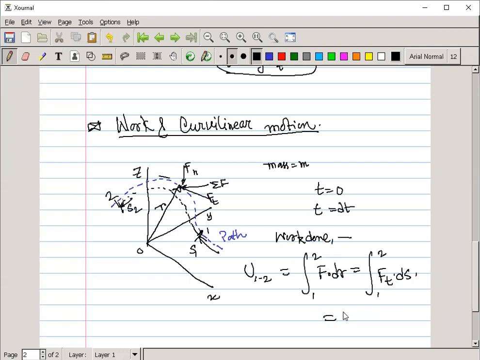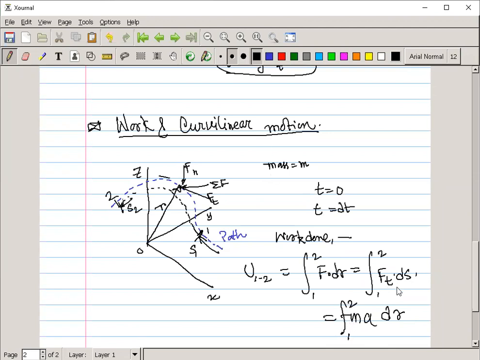And that is equal to mass times acceleration, F_t, and the ds is denoted here as dr. Okay, so that is the work done by this particle.